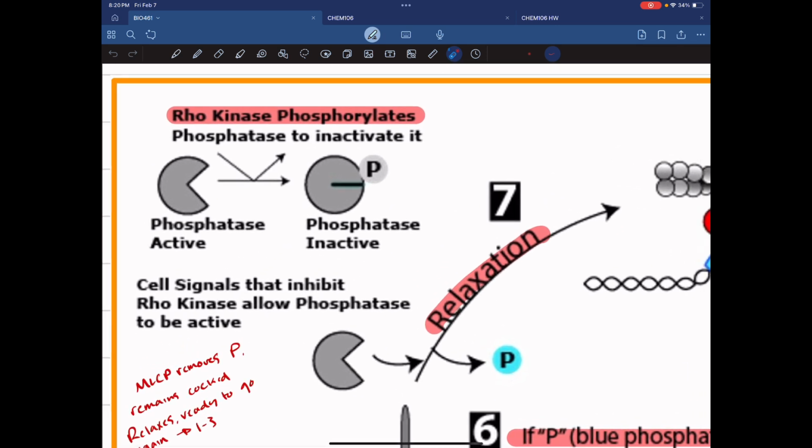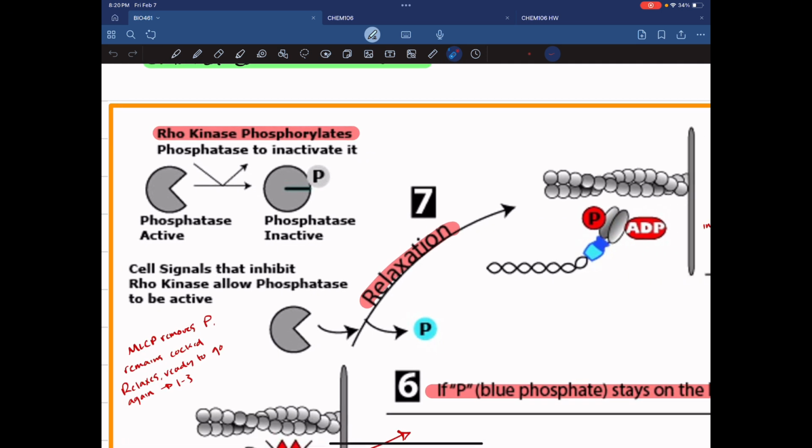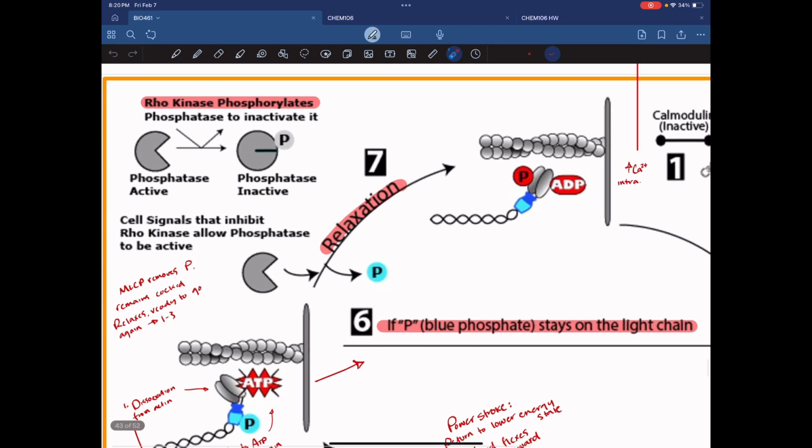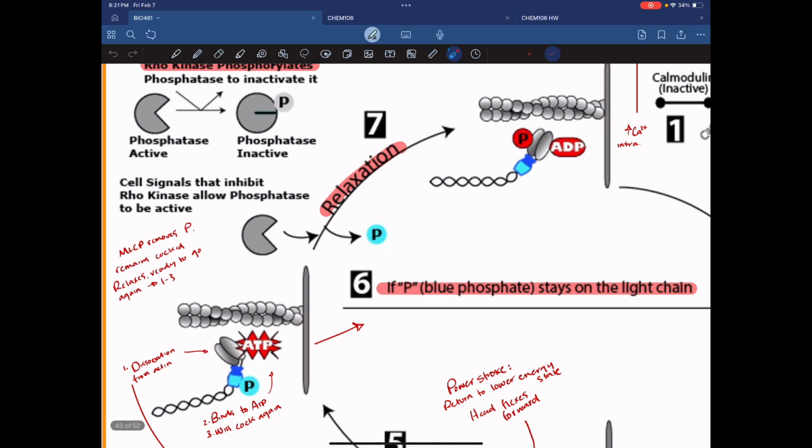Rho kinase phosphorylates, meaning when rho kinase is active, our MLCP is going to be inactive, because when we have a phosphate blocking this site right here, it's an inactive MLCP. So if there's no phosphate, it's active. If there's a phosphate, it's inactive.